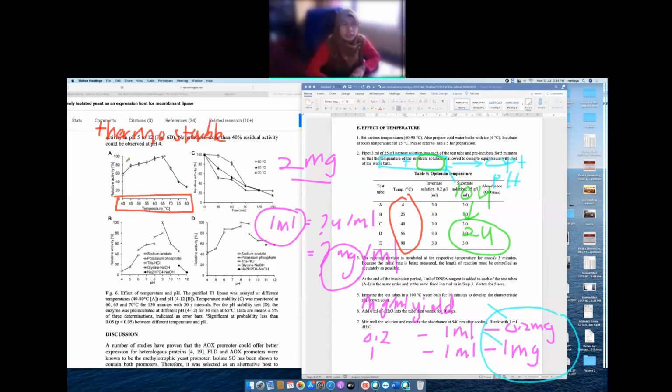It is not easily denatured. The reaction temperature will be at higher temperature. That's why we do not test at 4 degrees. Why do we need to set 4 degrees? Because the nature of the enzyme that we're working on now is thermostable.